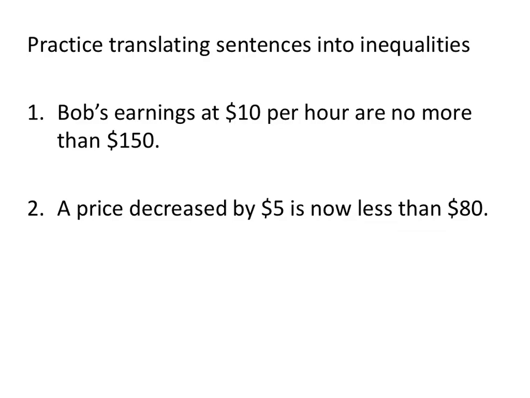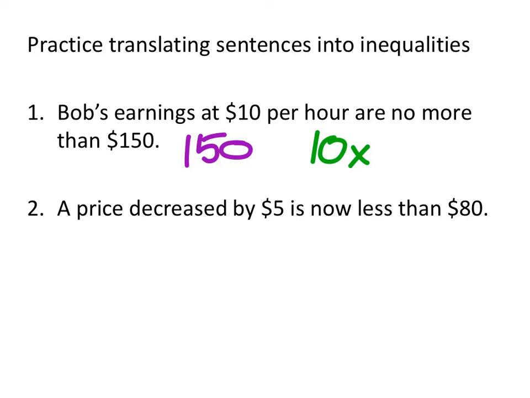All right, so I'm just going to translate these. I'm not going to solve them yet, but like number 1 here, it says Bob's earnings at $10 per hour are no more than $150. All right, so I would write it like this. I'm comparing it with $150, and it's $10 per hour, right? So I would multiply 10 by X, and X represents the number of hours that Bob works. But it says no more than $150, right?